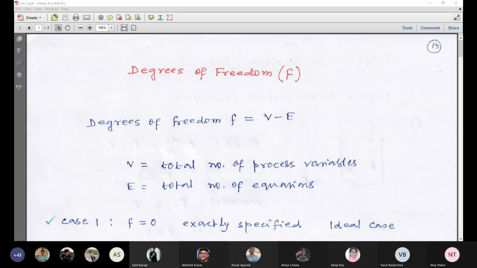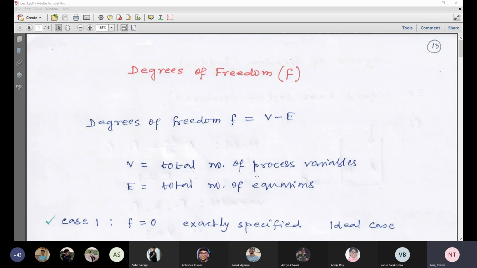This capital V represents the total number of process variables which are independent to each other. You remember this, total number of process variables which are independent to each other. And E is total number of equations.